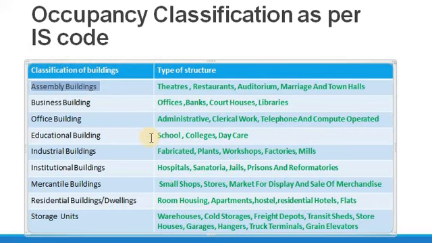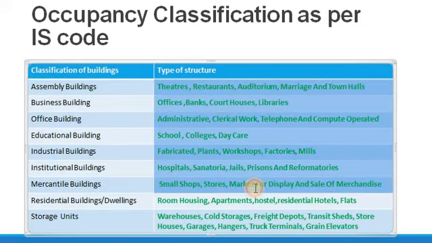If it is an assembly building, then the type of structure is theater, restaurant, auditorium, marriage hall, and town hall. That means the buildings are classified depending upon the type of structure, or for which purpose it is used.